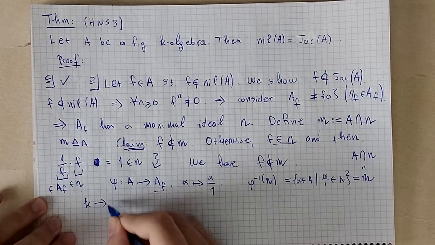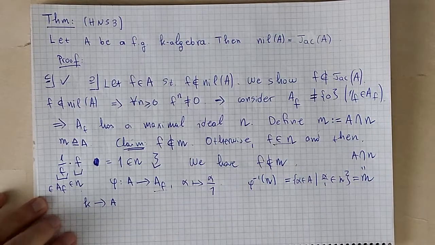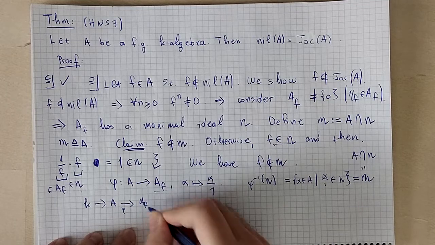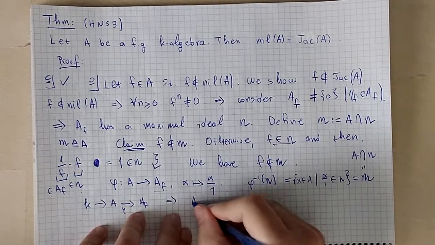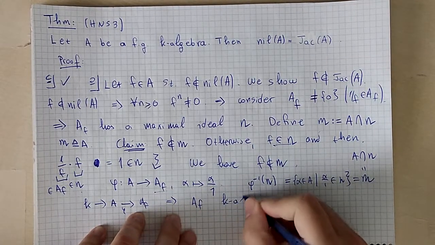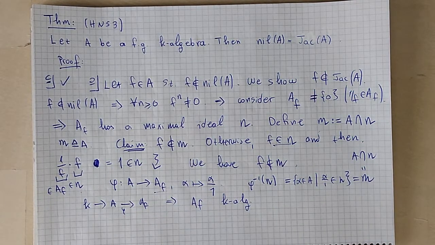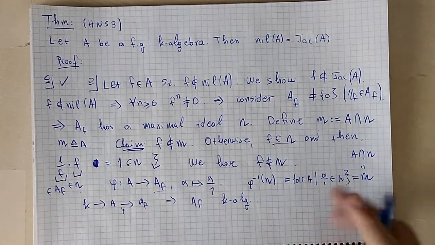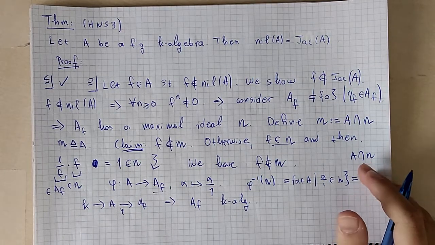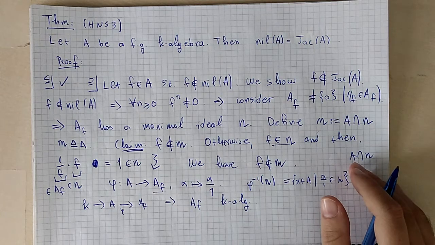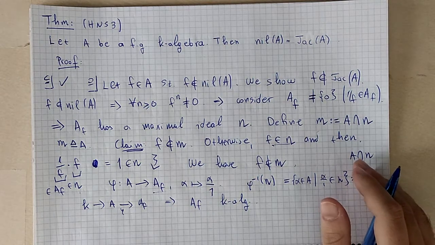We have a map going from K to A because A is a K algebra, and we also have this phi. So this implies that the localization is first of all a K algebra. Now we have to convince ourselves that this is also finitely generated, which follows from the fact that A is finitely generated.